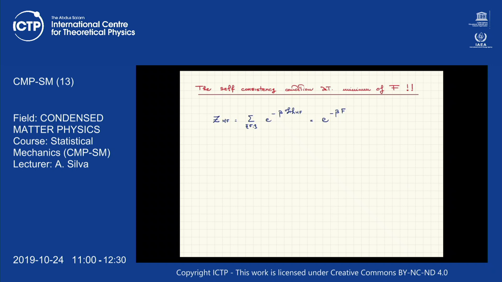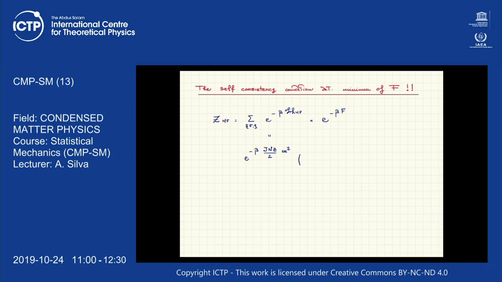So what will I get? Well, for the partition function itself, it's straightforward. It's a partition function of independent spins. So you will get e to the minus beta J N z over 2 times m squared. This is just a constant term that was in front of my Hamiltonian, times the term of all the independent spins in a magnetic field.